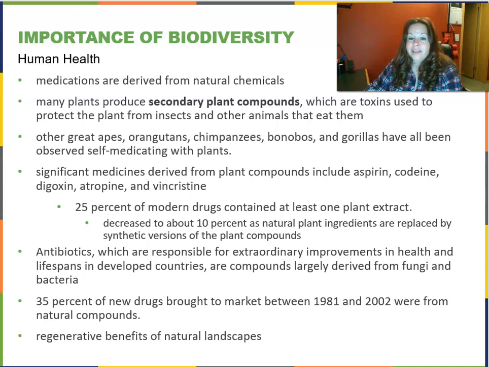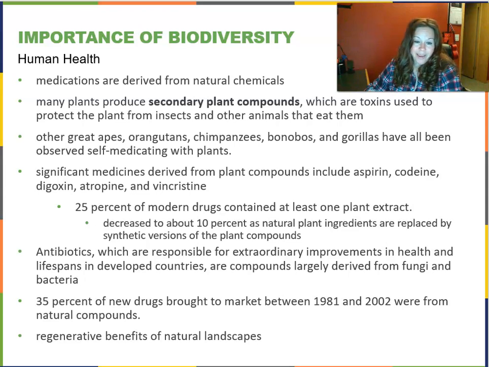There are significant medicines derived from plant compounds, including aspirin, codeine, digoxin, atropine, and vincristine. 25% of modern drugs contain at least one plant extract. It decreased to about 10% as natural plant ingredients are replaced by synthetic versions of the plant compounds.